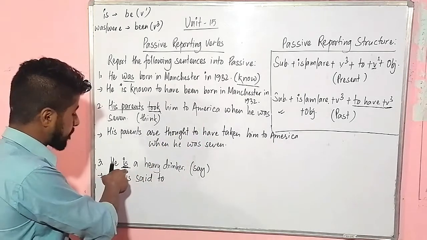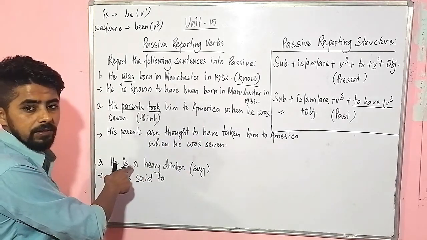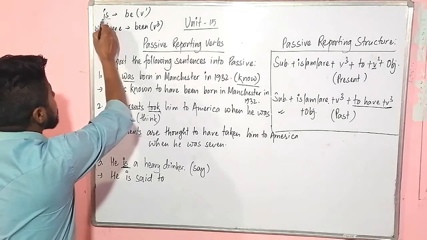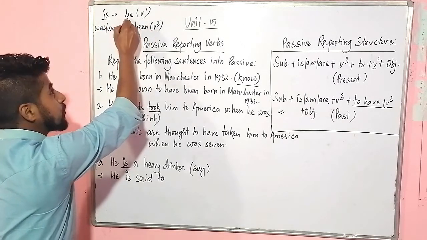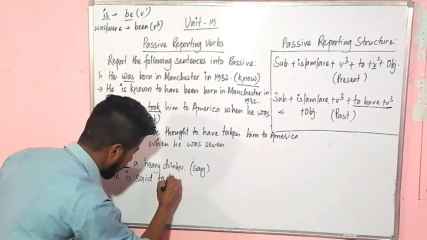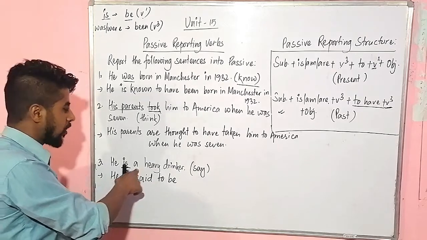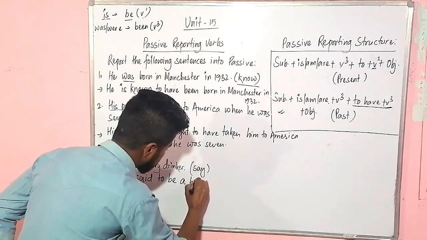And is it the V1 form? Is it the base form? Of course not. What I have told you earlier, for V1 we have to use be. So let's use be here. He is said to be, and what is the remaining part after is? A heavy drinker.